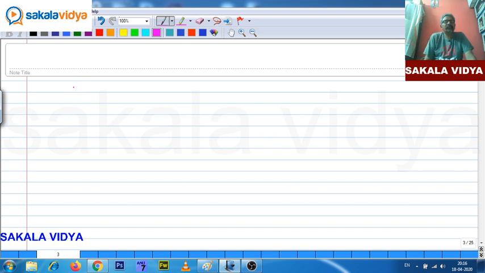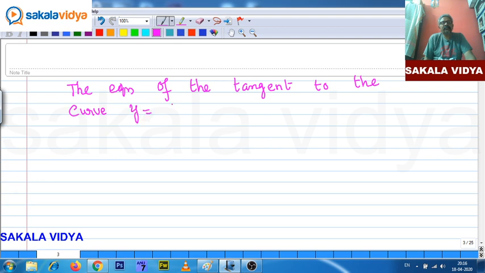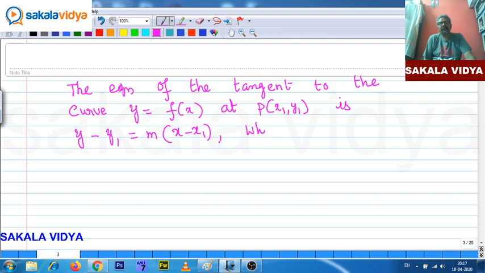So, now the equation of the tangent to the curve y is equal to f of x at P (x1, y1) is y minus y1 equals m times x minus x1, where m is equal to dy by dx at P, or dy by dx at (x1, y1).